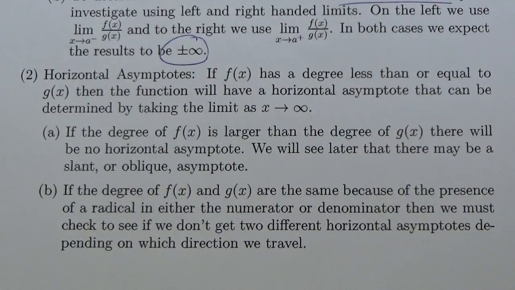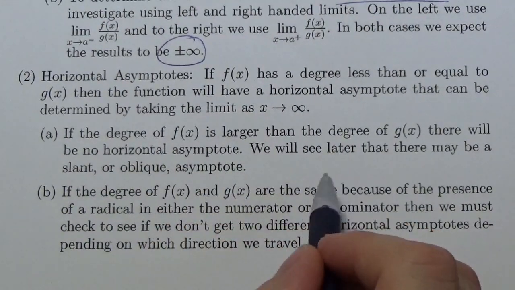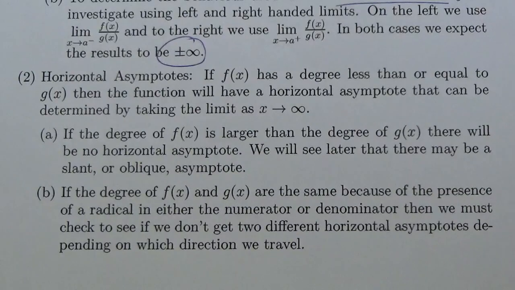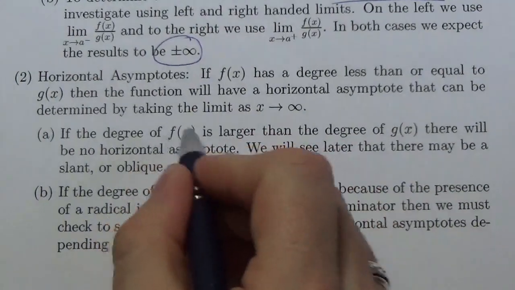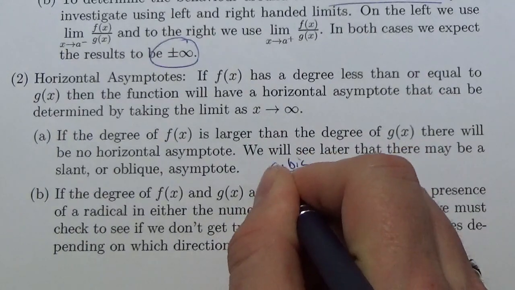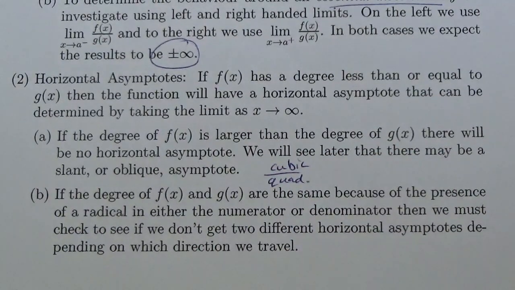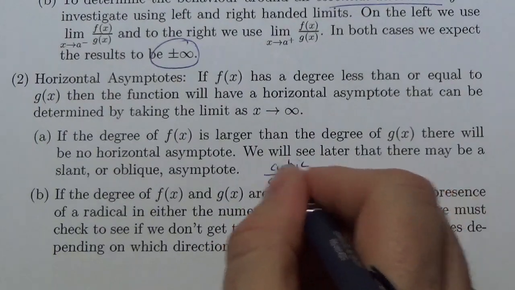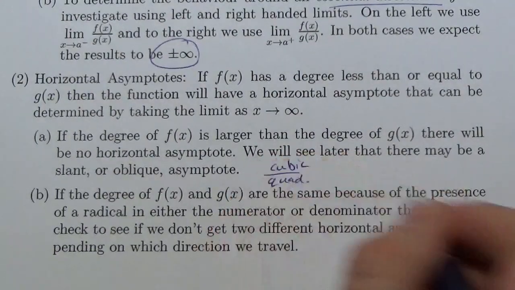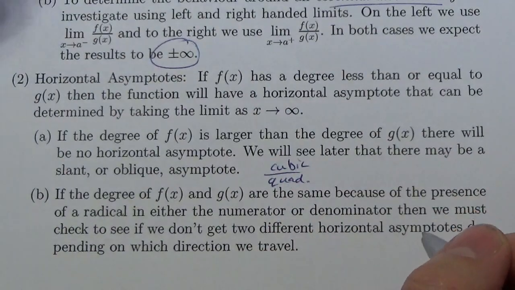If the degree of f of x is larger than the denominator, say you've got a cubic over a quadratic, well, as the x values get bigger, a cubic will get bigger much, much faster than a quadratic. And so the cubic basically dominates the value of that rational expression.